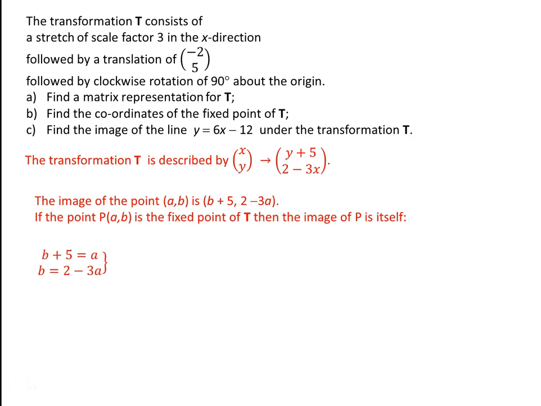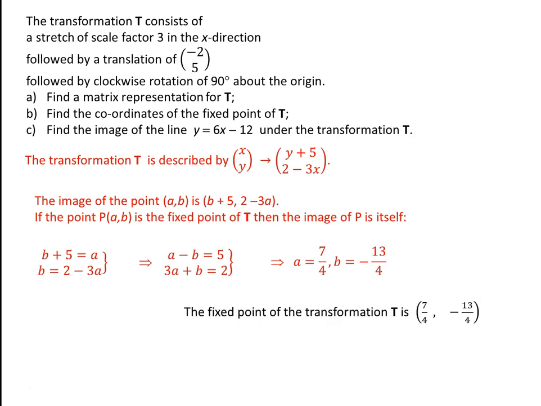And this pair of simultaneous equations can be rewritten as a - b = 5 and 3a + b = 2. And using a calculator or solving them in the normal method, we end up with a = 7/4, b = -13/4. So the fixed point of the transformation T is the point with coordinates (7/4, -13/4).